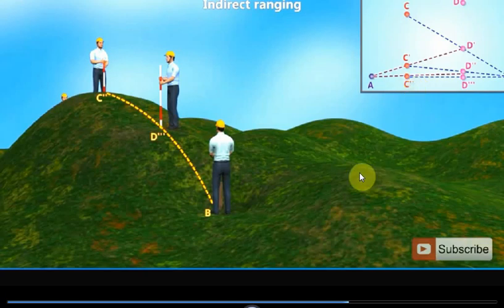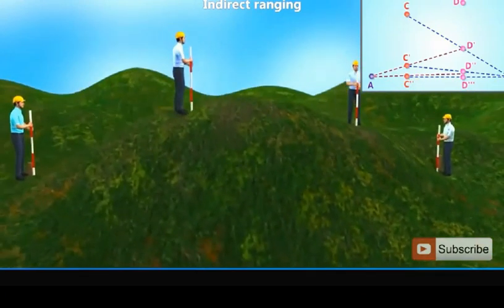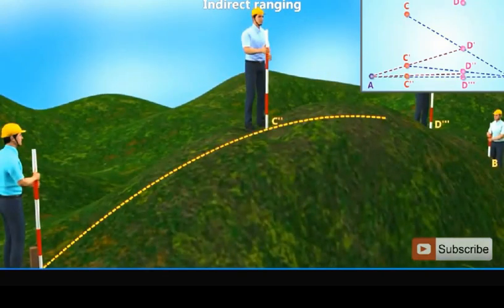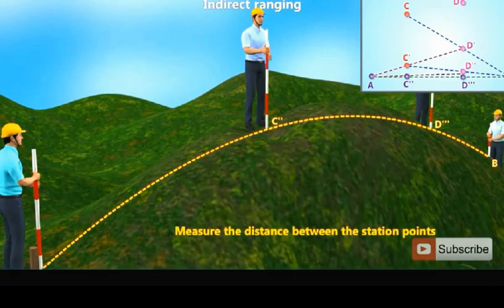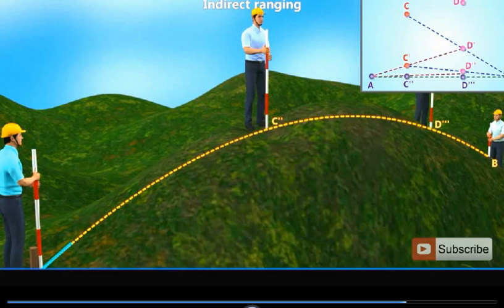Now this process is going to continue till A, C, D and B are in a single straight line. So after many trials or iterations we can say that A, C, D, B are in a straight line, and we can measure the distance between A and B with the help of chain or a tape.